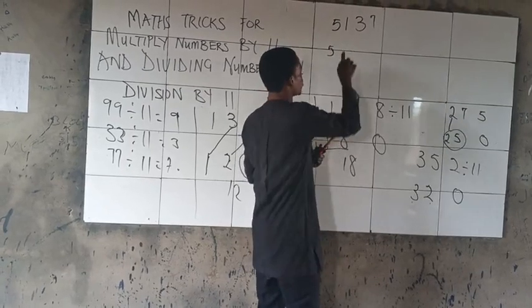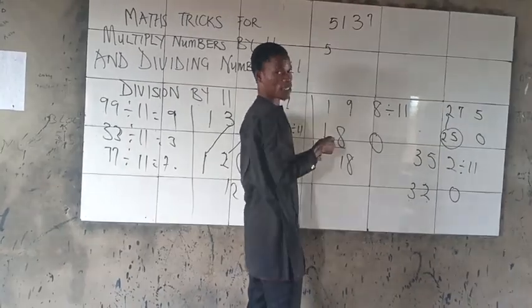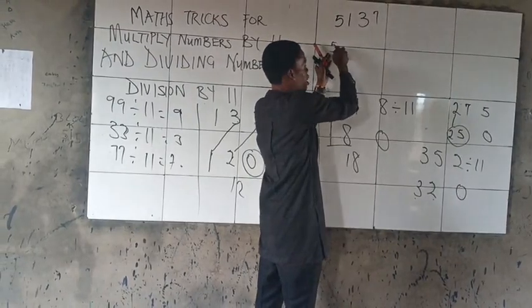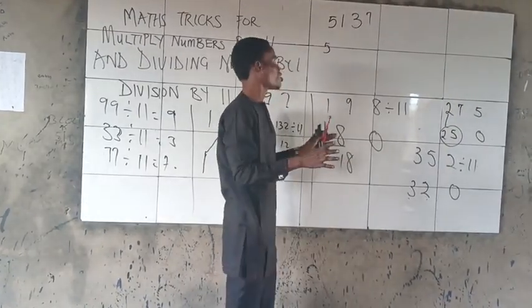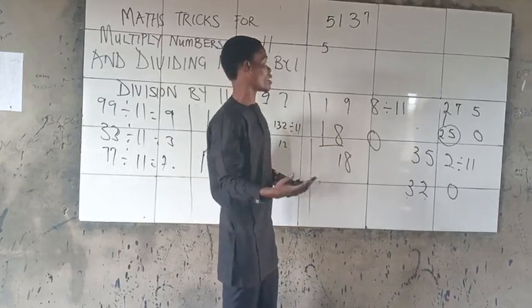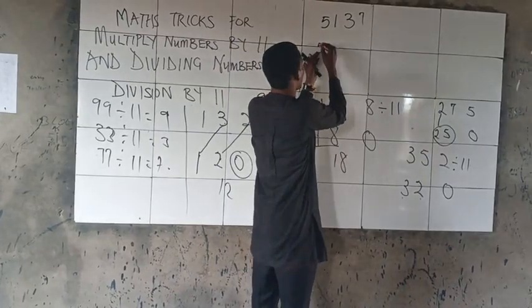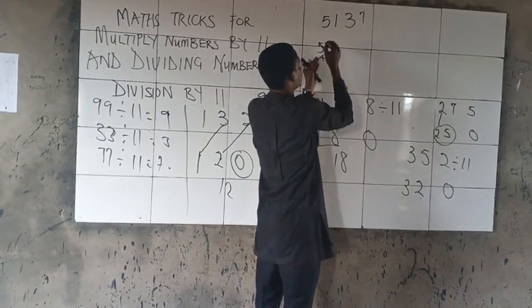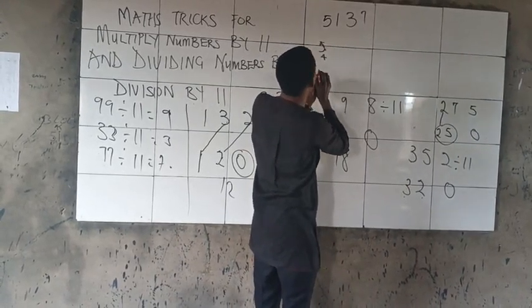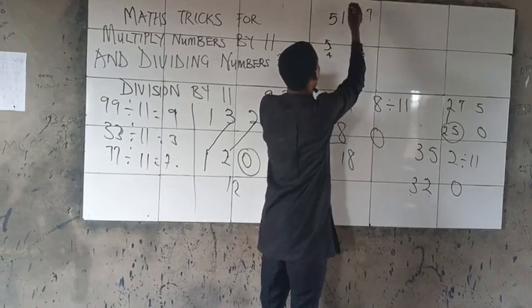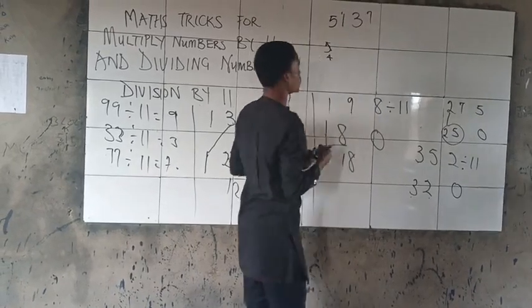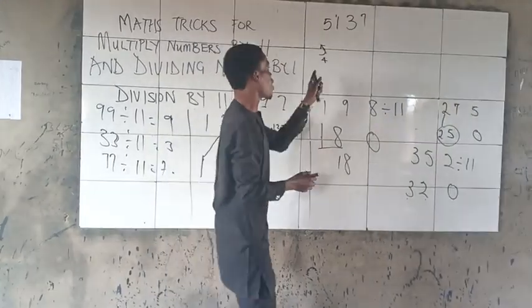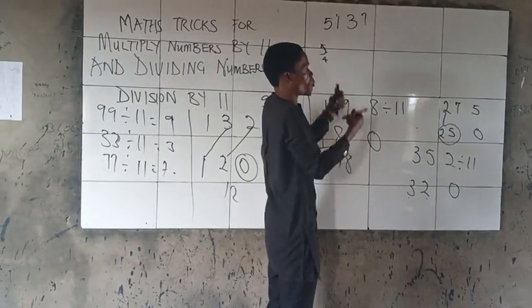So you borrow 1 from this number, leaving 4, and add it to the next number, but the one you borrow automatically makes that number 11.